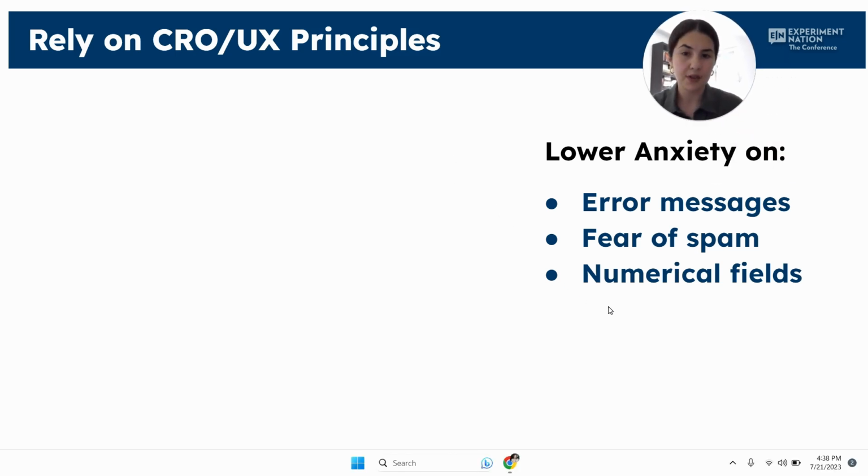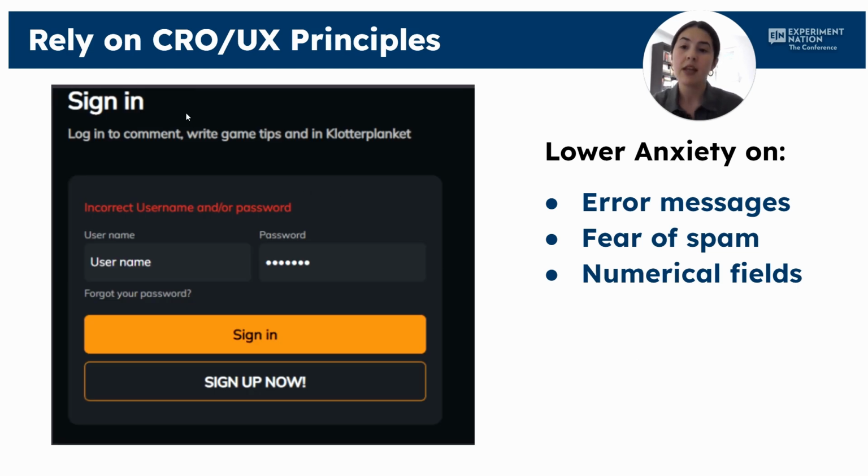Another CRO principle that we heavily rely on is actually concerned with lowering anxiety. Now, in this form on a Swedish website that we've seen before, you can see an error message, and this is one way that you can lower anxiety on the forms.